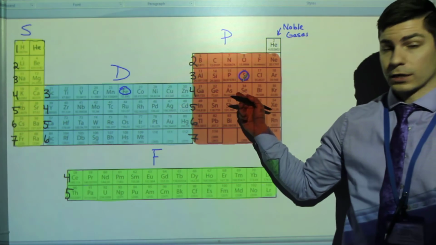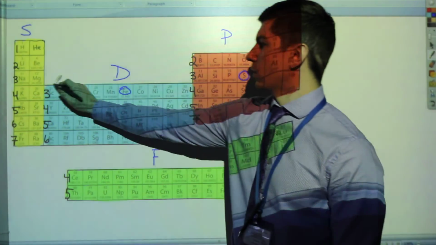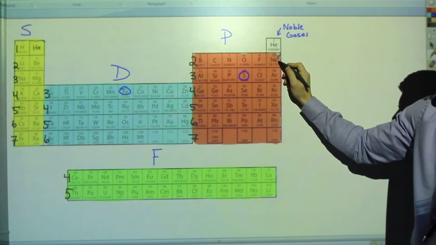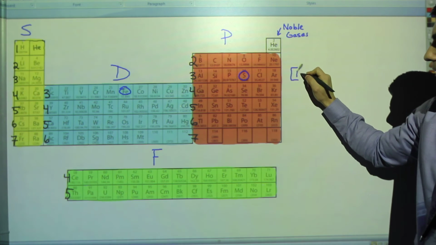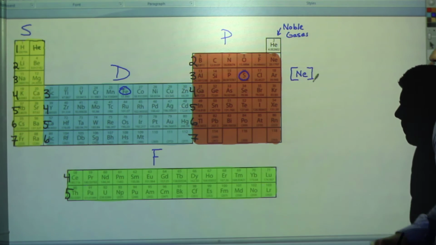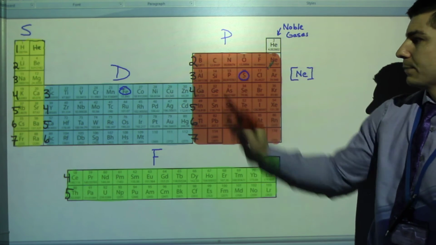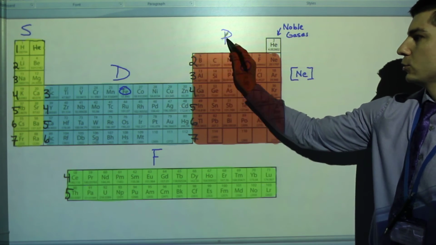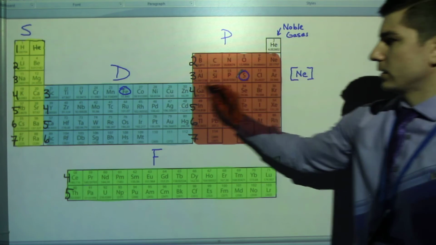So again, it's like a Word document. You're deleting text. Go back until we hit our noble gas, which would be neon. So your first step, write your noble gas in brackets. Right now we are right here. We have eliminated everything up to and including 2p6. After that, let's go to the next line.